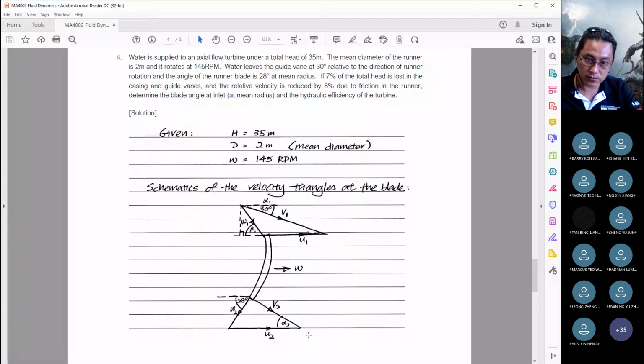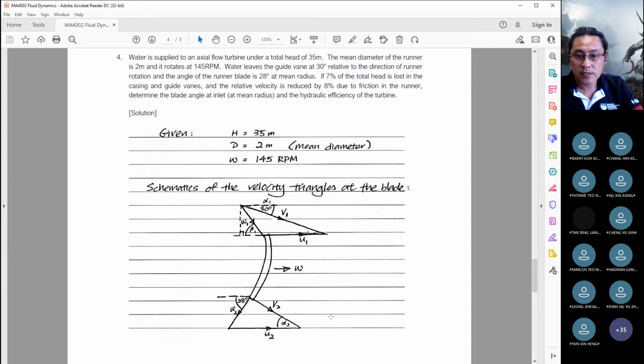Surely W2 must be parallel to the trailing edge of this blade, and this surely must be our U2. This will be our V2. We're given this angle over here, which is 28 degrees, because that's the angle of the runner blade at the mean radius. So that's our beta 2.